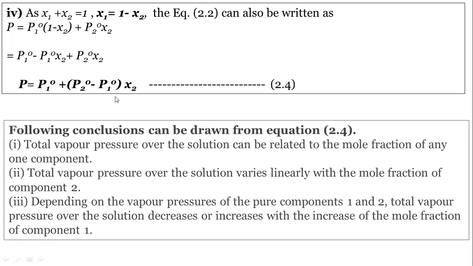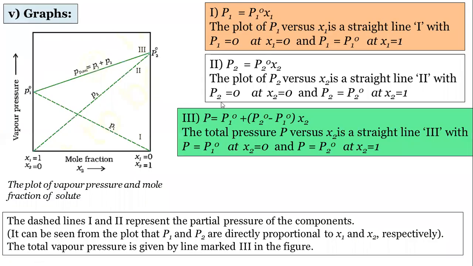So this part I completed yesterday, and 2-3 students also told me, sir, we didn't understand this graph. So I request all the students, this graph is not actually asked in the exam. No question will be asked on this graph, but we have to remember that the graphs of vapor pressure and mole fraction are always straight lines.